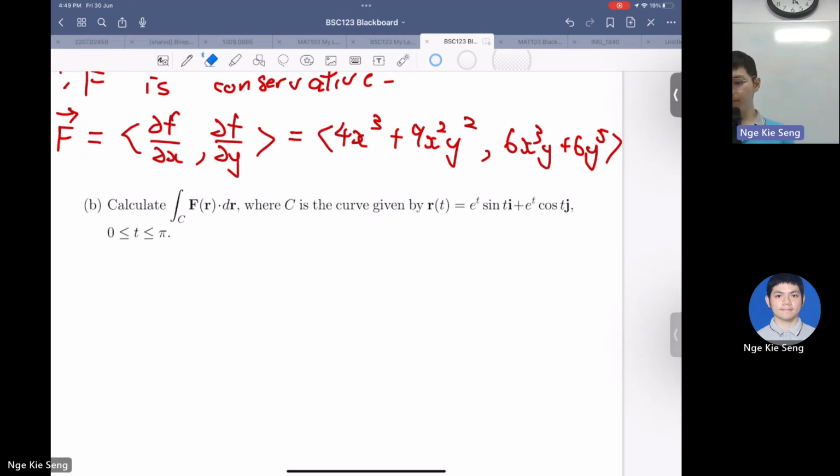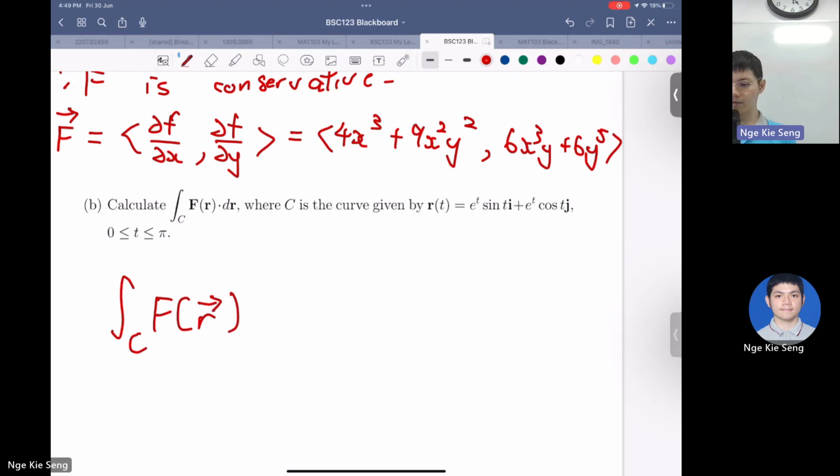Okay, so part B here. How to compute the line integral of a vector, conservative vector field in particular? Do dot product.